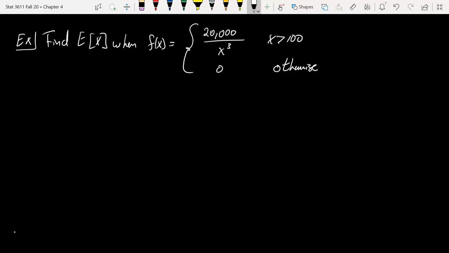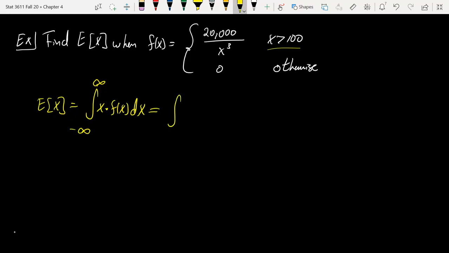All right. Let's find the expected value of x here. The definition of the expected value of x in the continuous case is that you integrate over all possible values x times f of x dx. So how do we work with this in the continuous sense? Well, we can update our bounds, at least, because we know that this integral value is going to be 0 for anything that is not above 100.